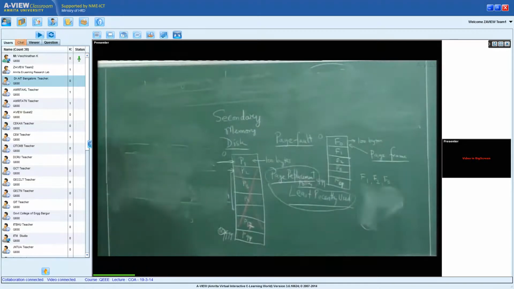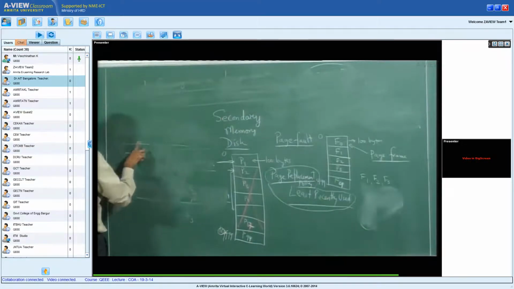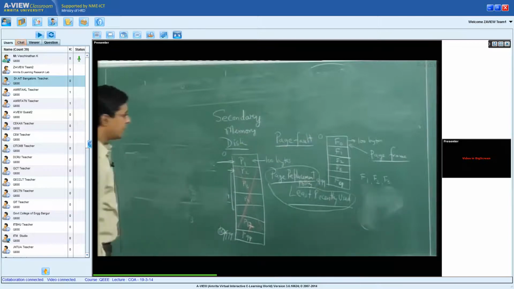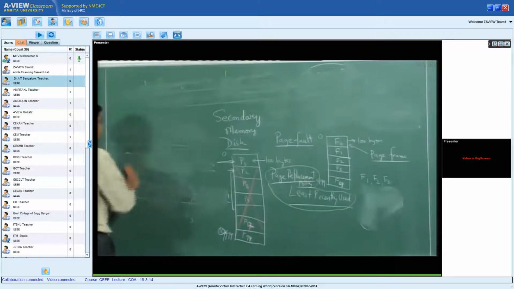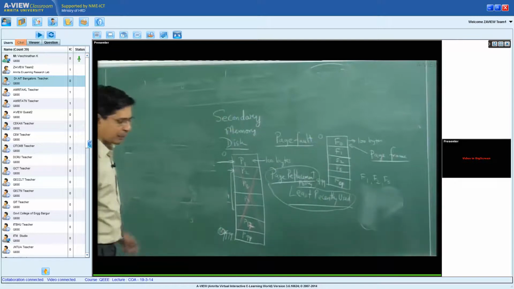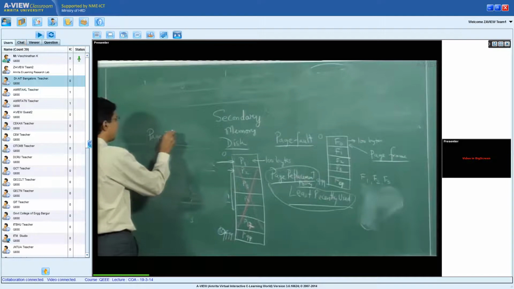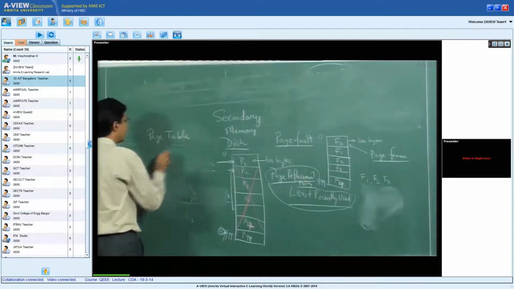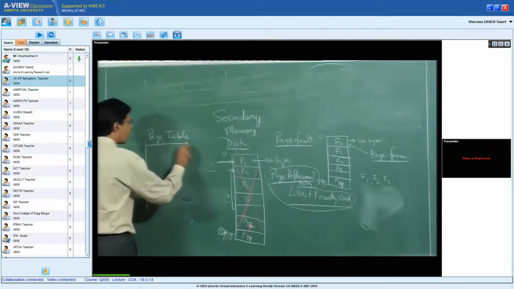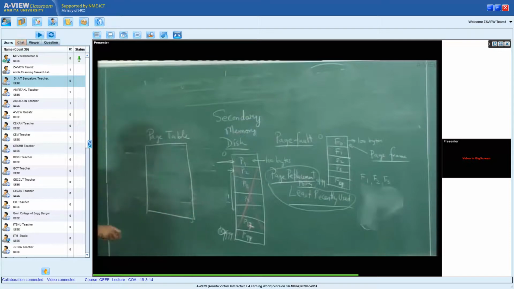Answering those two questions is done by maintaining a structure called a page table. Please note that there are 100 pages, so the page table has 100 entries, page entry 0 to page entry 99.